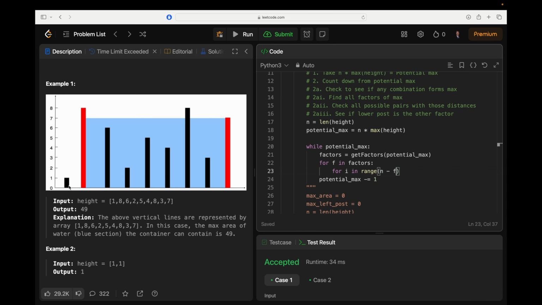So we'd iterate through 0, 1, 2, 3, 4, 5, 6, 7, 8.